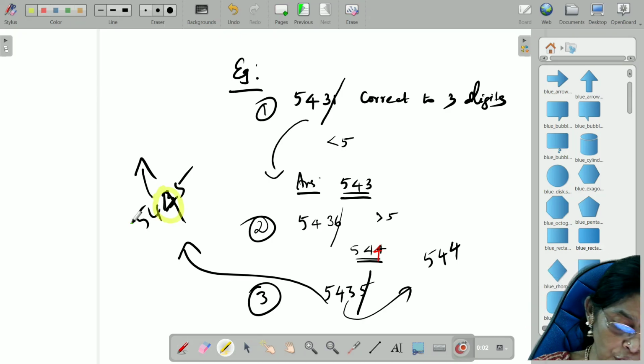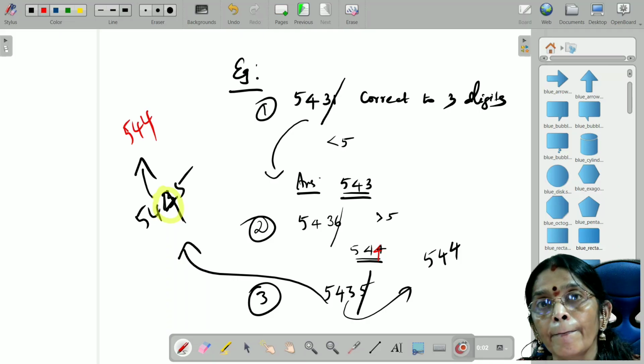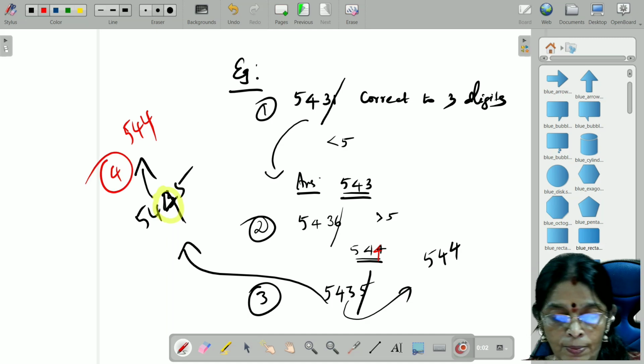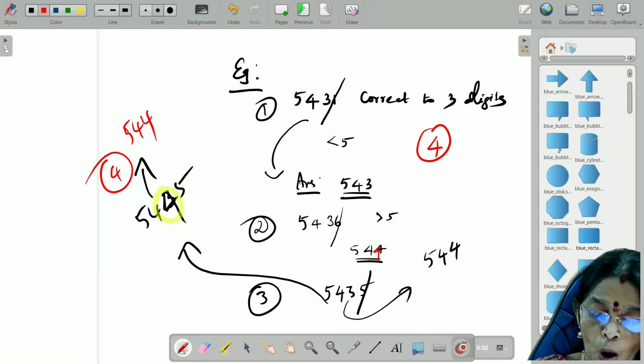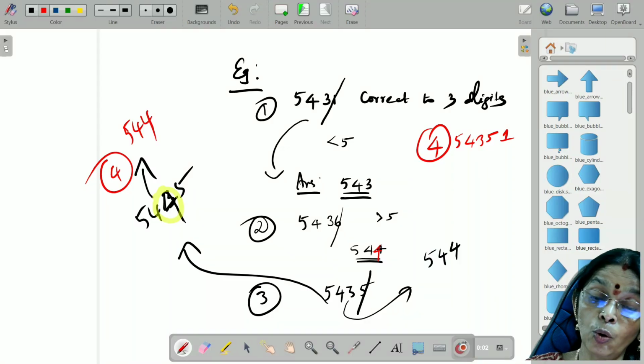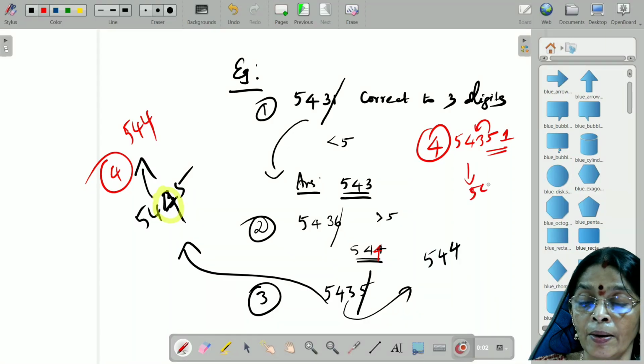It is left unchanged, so you write it as 544 only. So how many rules have I given? This is the 4th rule. The 5th rule: if the digit to be dropped is 5, followed by a non-zero digit, then the preceding digit is increased by 1.